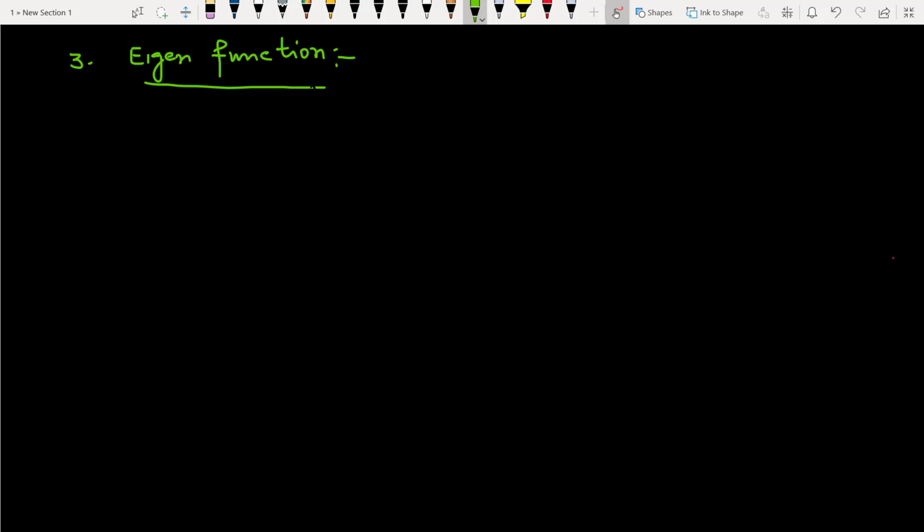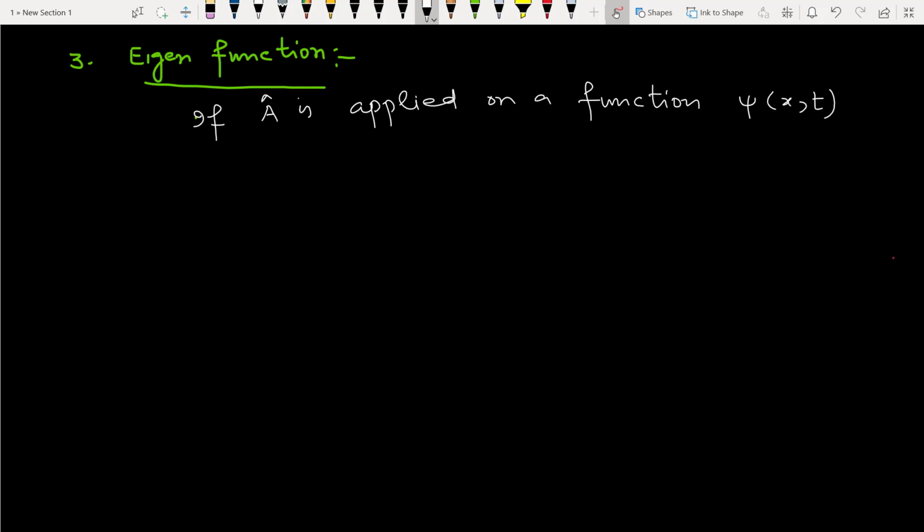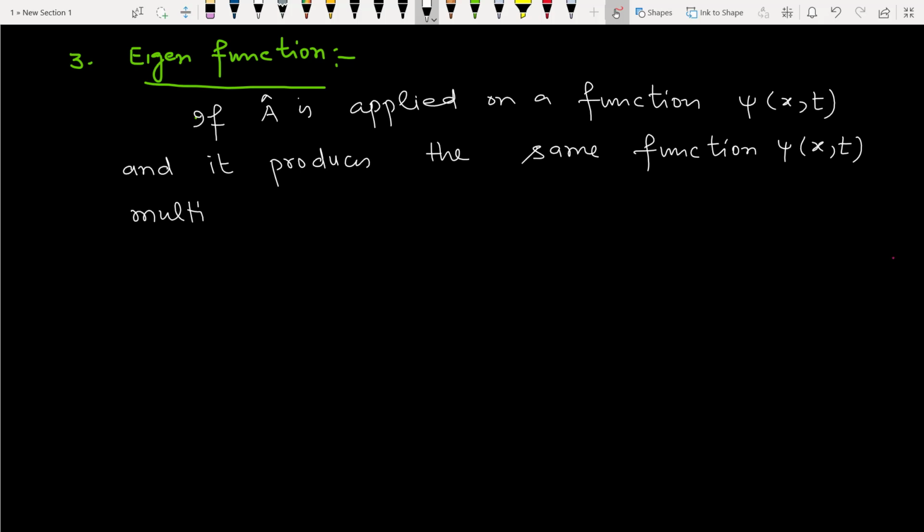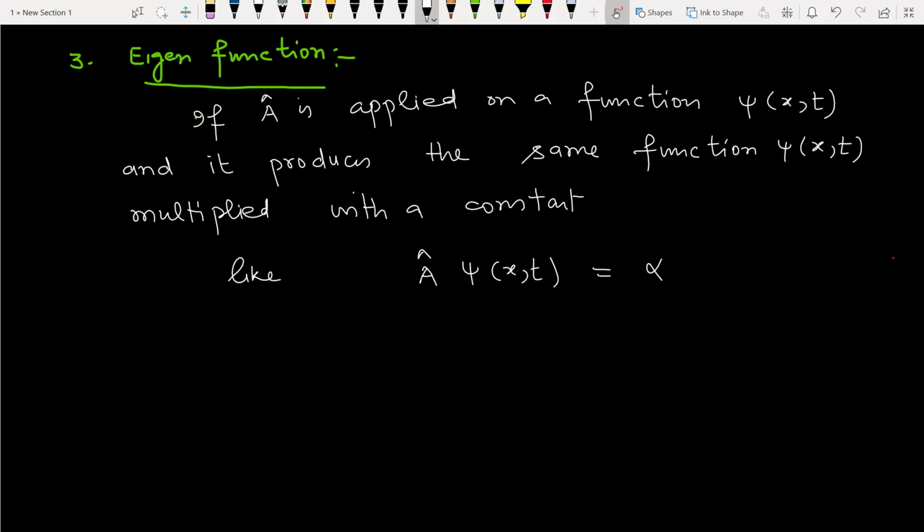A function is said to be an eigenfunction if an operator A is applied on a function ψ(x,t), and as a result we get the same function ψ(x,t) but multiplied with a constant, like A operator ψ(x,t) equals alpha ψ(x,t).